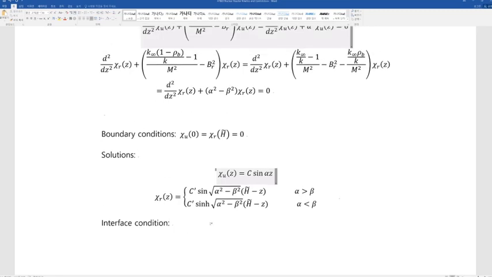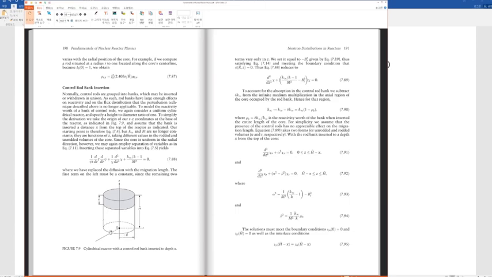So, and the interface condition is that at the interface, h tilde minus x is the depth that the control rod banks are inserted. So if you see figure 7.9, x would be the depth that the control rod banks are inserted.